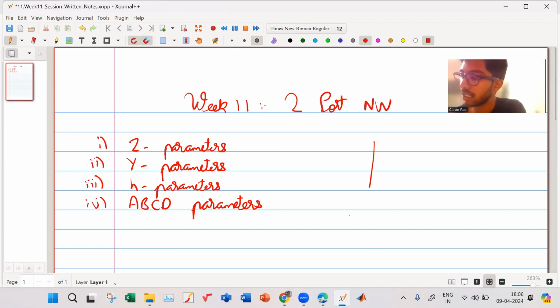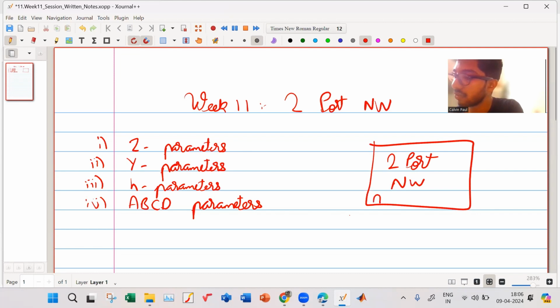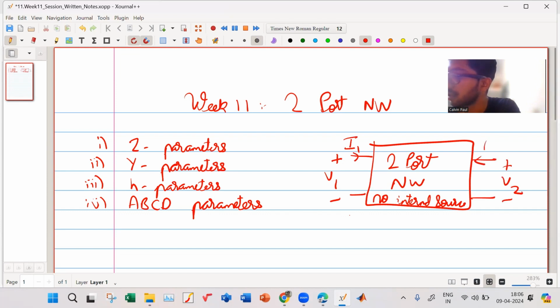And the important consideration is this two-port network, and there will be no internal source. So this is your V1, this is your I1, this is your V2, this is your I2.